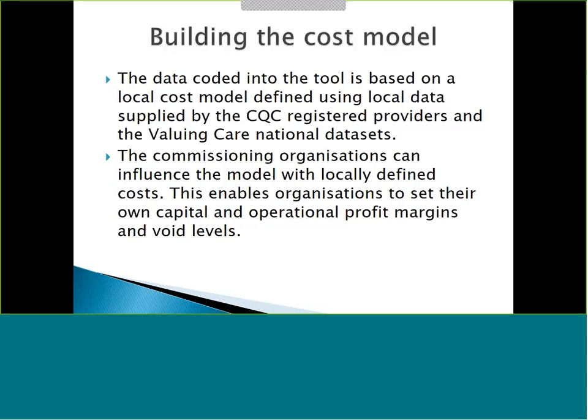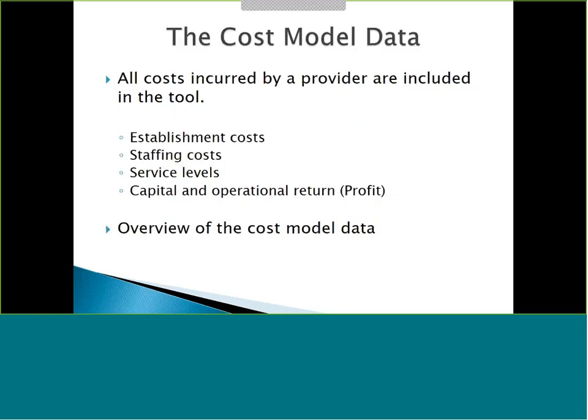For Value in Care, the modelling that we do is that we actually look at the property value, and we also look at what the local housing allowance rental rates would be for a single room in an establishment, and that gives us the capital element of a cost model.